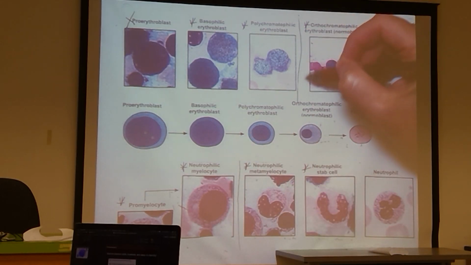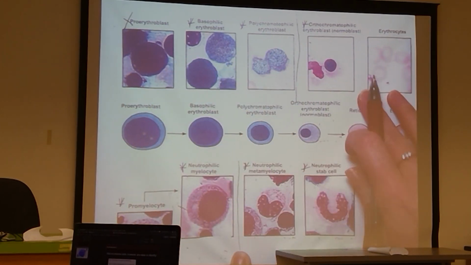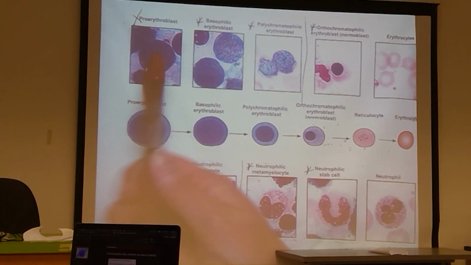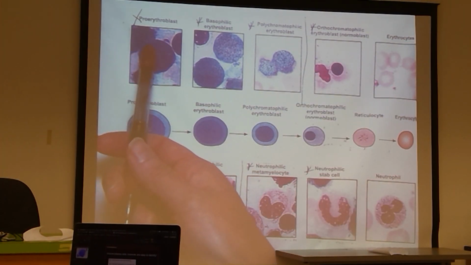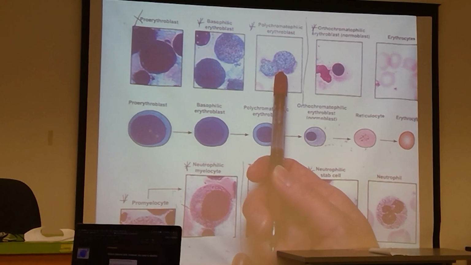The line here and here means this is our division between what can undergo mitosis, what can't. So with our red blood cell line on top, the proerythroblast all the way to the polychromatophilic erythroblast, these can undergo mitosis, these cannot.